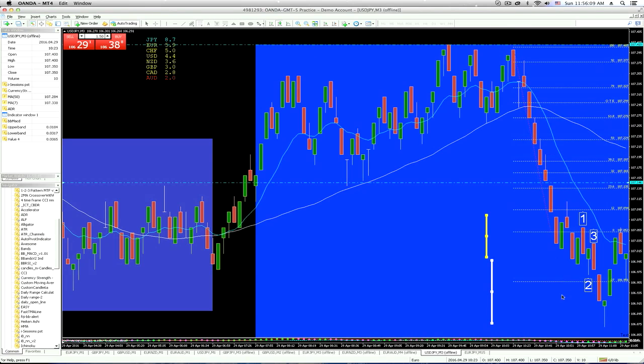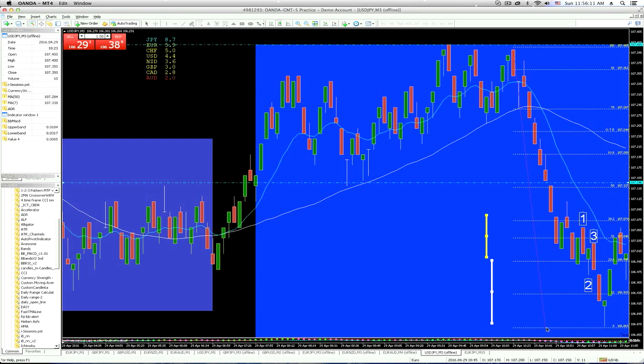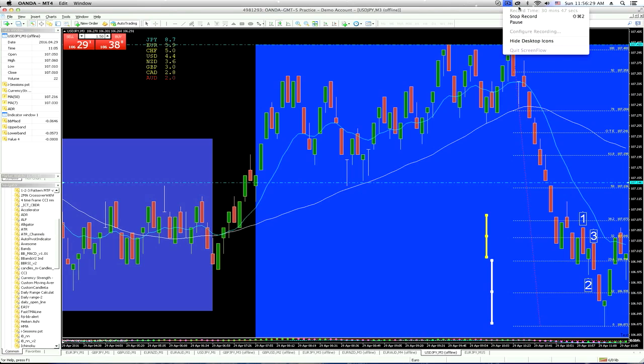Okay, our high was right here. We're coming down to this level right here. Our pullback is all the way to almost the 38 Fibonacci level.